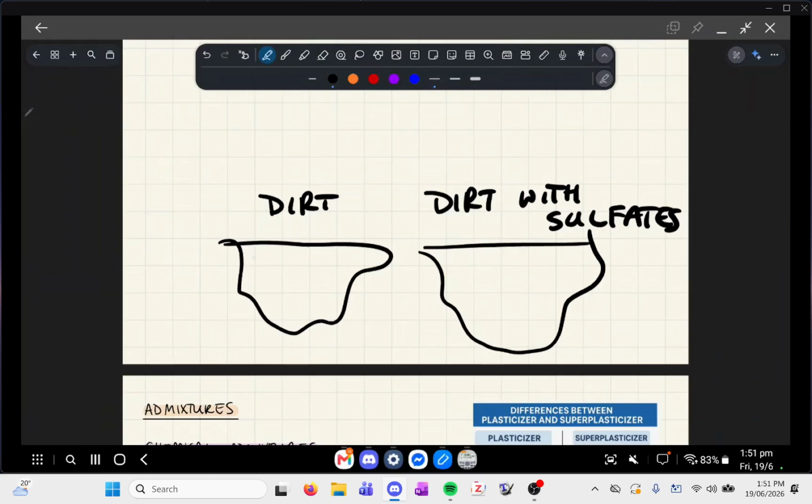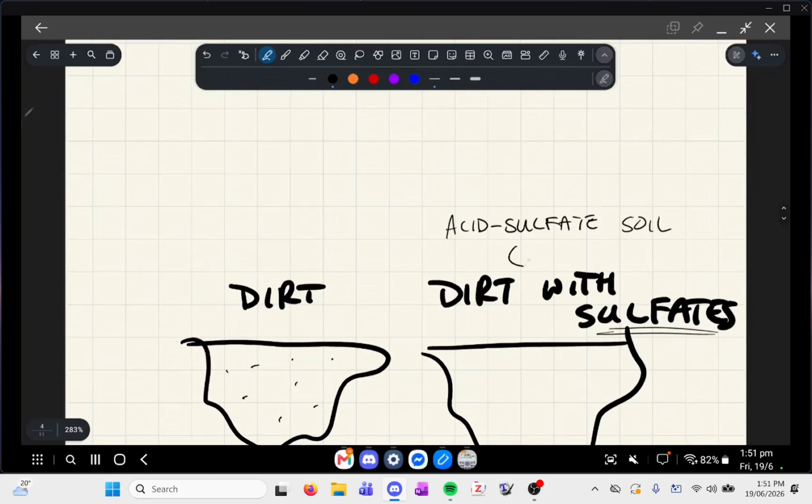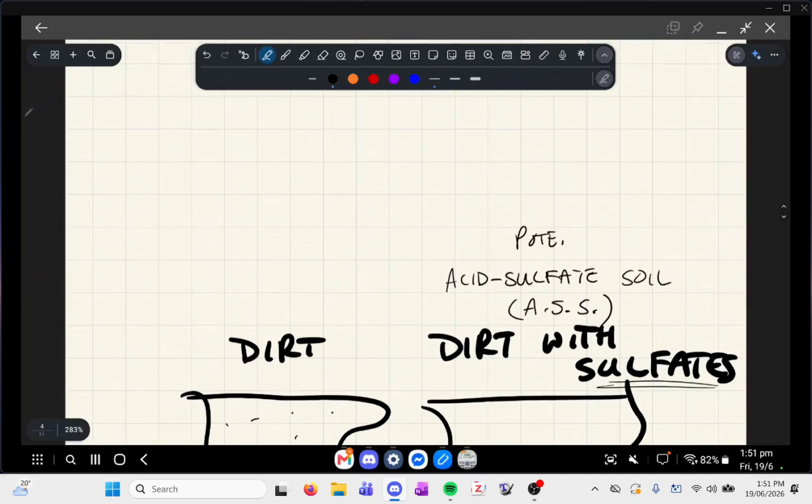So this is just regular dirt, but dirt with sulfates is called acid sulfate soil. If you abbreviate it, it's ASS. But they actually never call it ASS. They call it potential. So they don't like to call it ASS, they call it PASS. All right, just so you know.